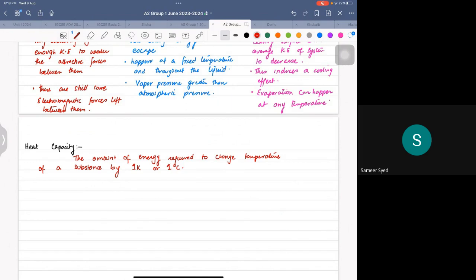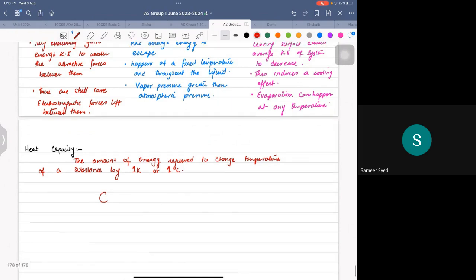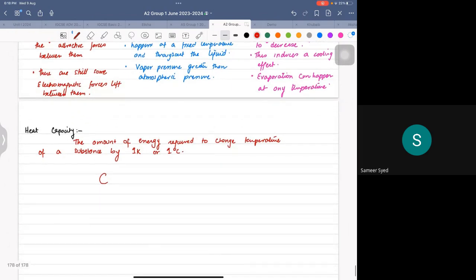Heat capacity is written as capital C. Q is the symbol for heat, and change delta theta is the symbol of changing temperature.